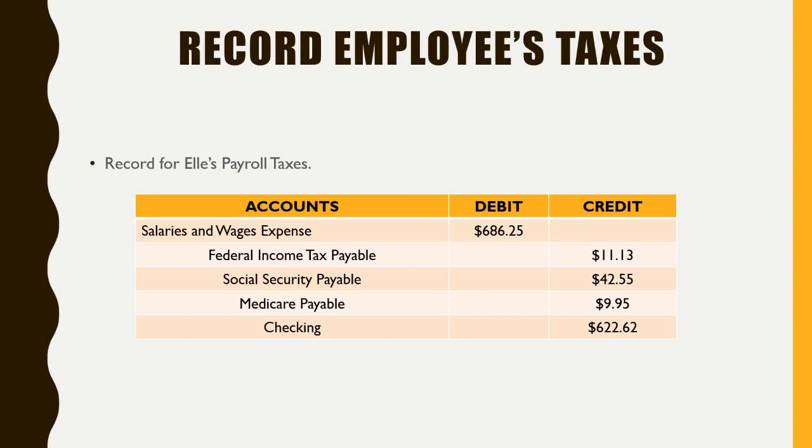Zero benefits meaning no extras like retirement benefit plans, a 401k, or special medical or health insurance, the typical things that a company would offer. But in this case, this is the bare minimum.